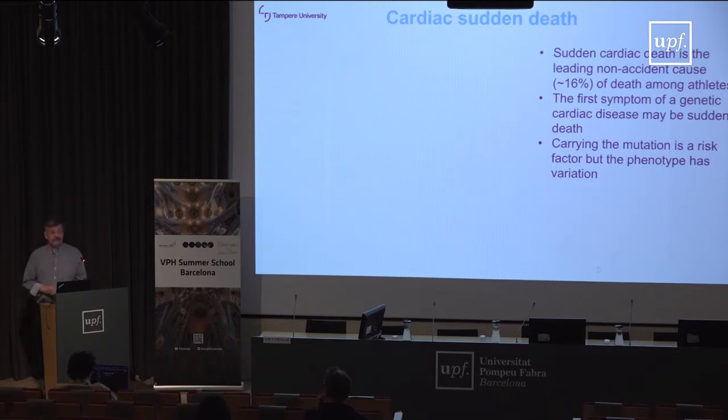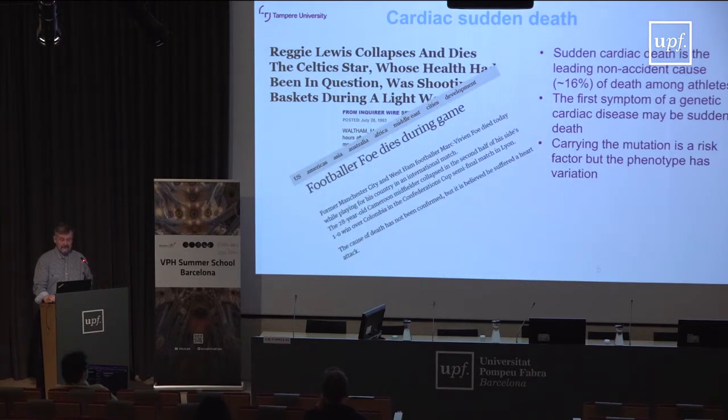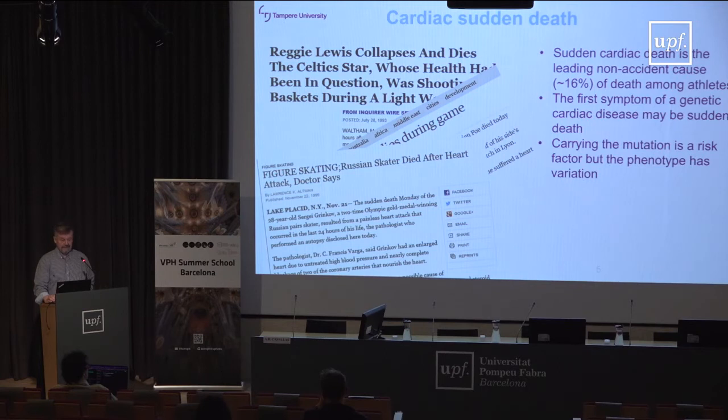Just to highlight a couple of things that I'll tell later on the cardiac side. Of course, there are a lot of cardiac diseases, and cardiac disease is still one of the main causes of death in the world. One quite bad area is sudden cardiac death, which I think we have heard stories about now and then.